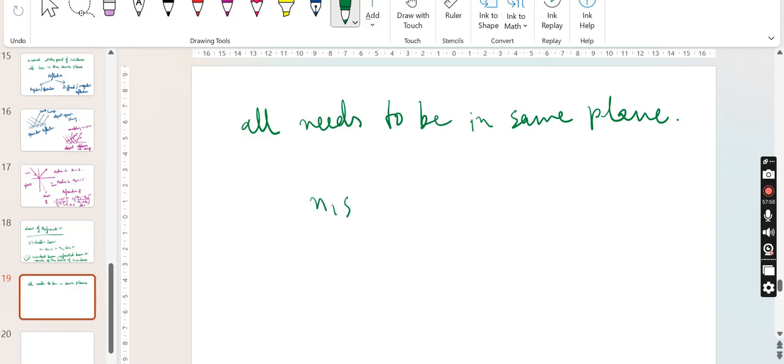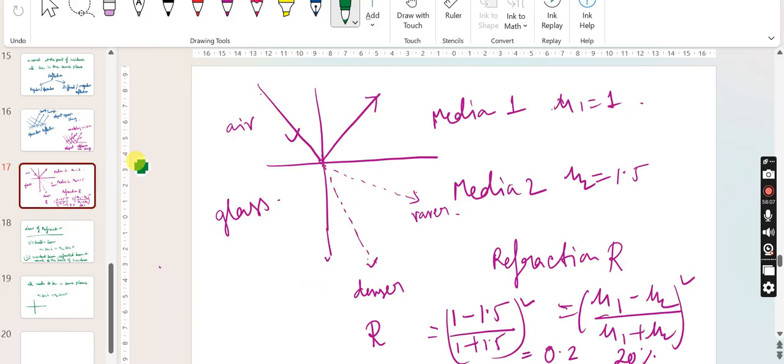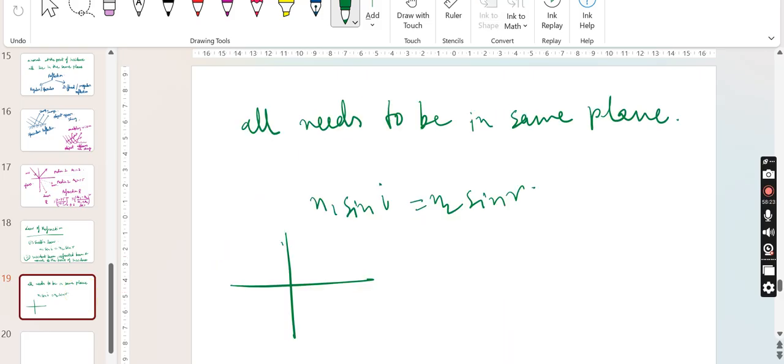Now, from this formula you can derive many things. When light goes from one medium to another, if the second medium is denser than the first medium, the refracted light will be closer to the normal. And if it is rarer, then it will be away from the normal. So we are discussing a particular case, where light is traveling from a denser to a rarer medium.